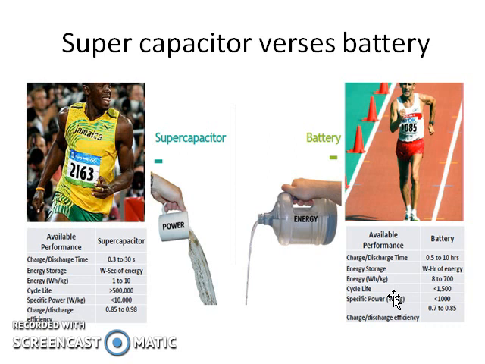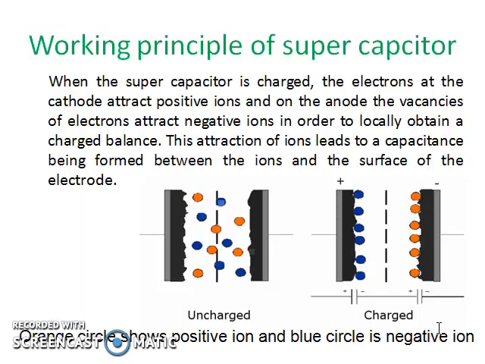Then charge discharge efficiency is also high in the case of supercapacitor as compared to the battery, and specific power in watt per kg is less than 10,000 for the supercapacitor, and in the battery it is less than 1000. So basically supercapacitor is used for charging purpose to store the energy.